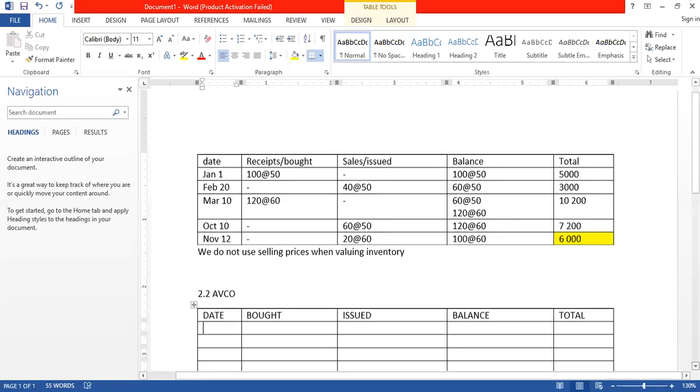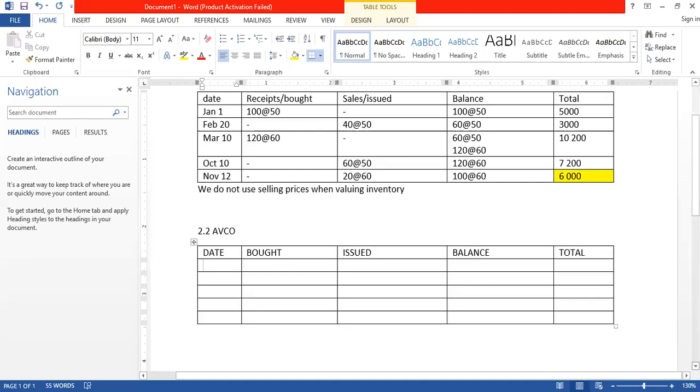Now AVCO simply means that when you are issuing, when you are selling your stock, you need to value the stock according to the weighted average, according to their average cost, meaning that we weigh our stock using their average cost and not their cost price, not their buying price.